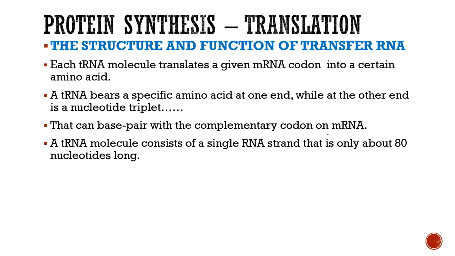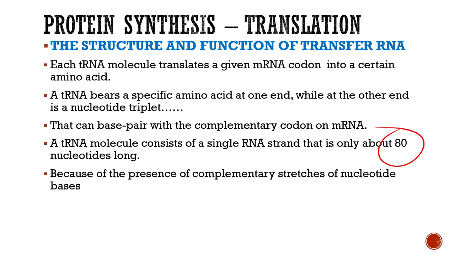Now transfer RNA molecules are not very big ones. Each transfer RNA is a small molecule about 80 nucleotides long. So the transfer RNAs are adapter type of molecules, small molecules, and since each carries many complementary pieces of nucleotides in its sequence, they can bond to one another.